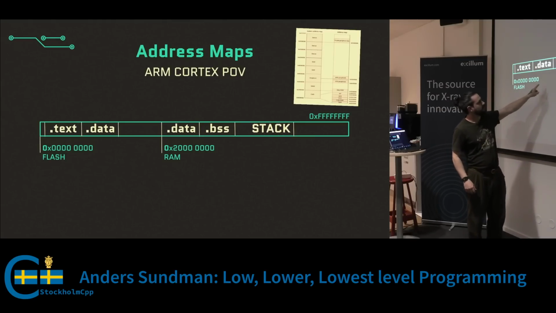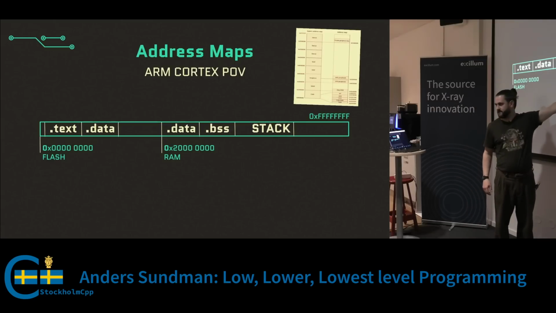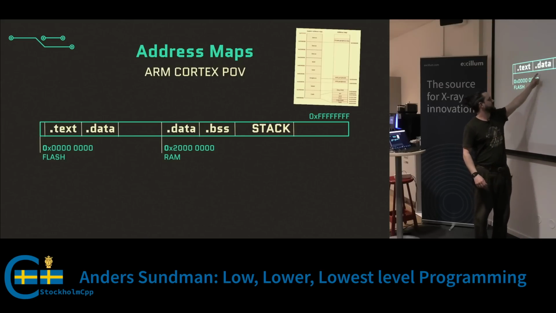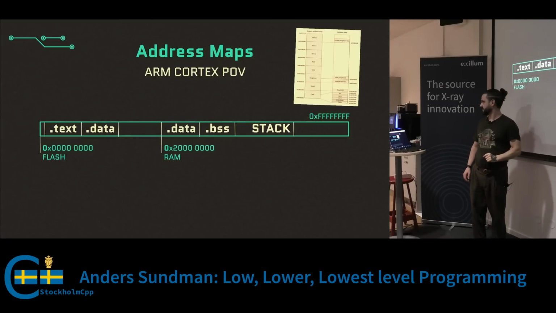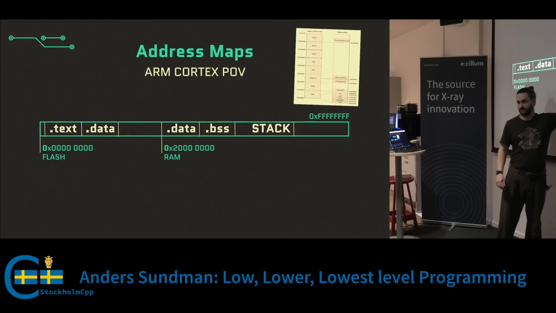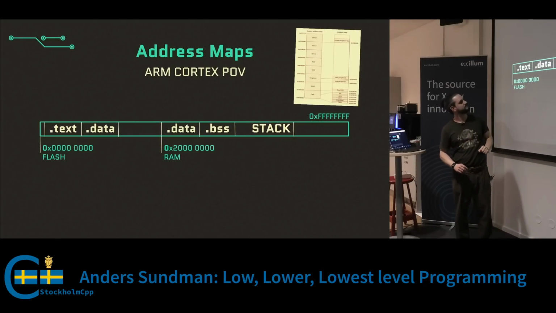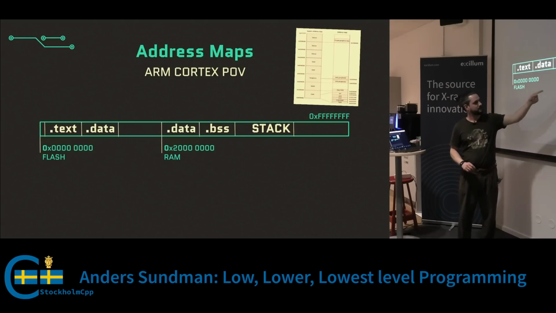We put the data here, but what is this? This is data again. That's weird. But like I said, this is where the initial values of the global mutable variables live. This is where the symbols are pointing to. So we need to do something there before. We need to make sure they're in sync somehow. All right, and then we have BSS and stack.